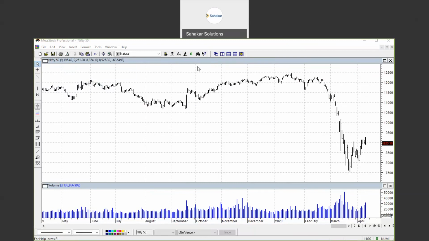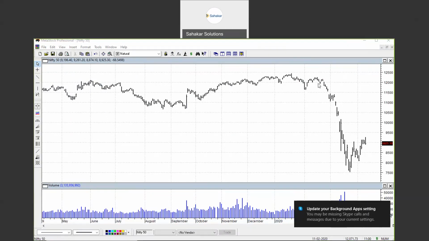Here you would see that the data is plotted in a graphical form called a bar. With the naked eye, you can see that the price moved from here to here and moved down from here to here and again moved up from here to here. And again, it went up from here to here and came down from here to here.